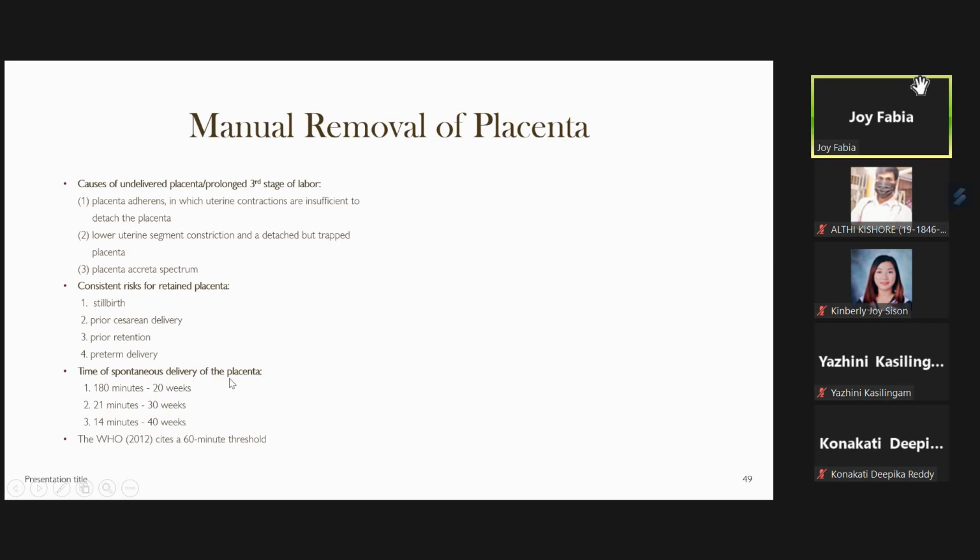So the spontaneous delivery of the placenta would depend on the weeks or the age of gestation. For 20 weeks, actually matagal, 2 hours na mahigit, 3 hours, 180 minutes, so 3 hours siya. So matagal.